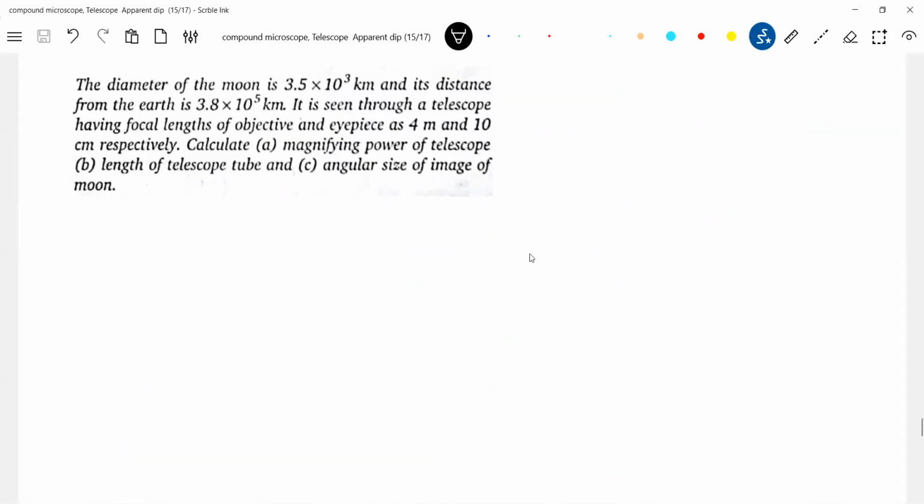The diameter of the moon is 3.5 into 10 to the power of 3 kilometer and its distance from the earth. It is seen through a telescope having focal length. Calculate the magnifying power of the telescope, the length of the telescope tube and the angular size of the image of the moon.